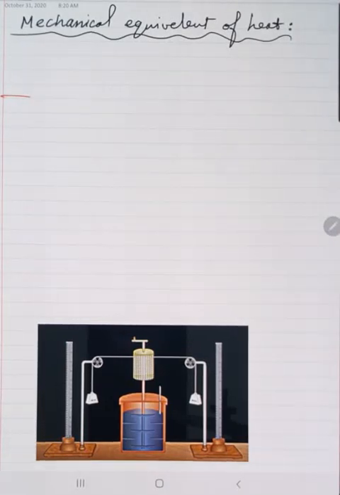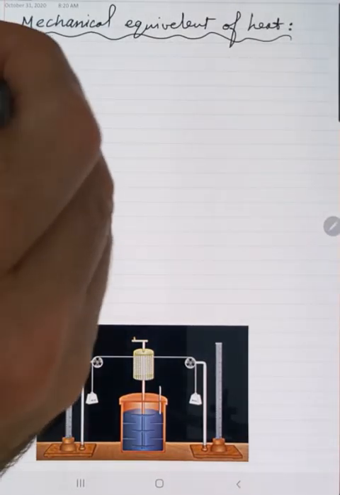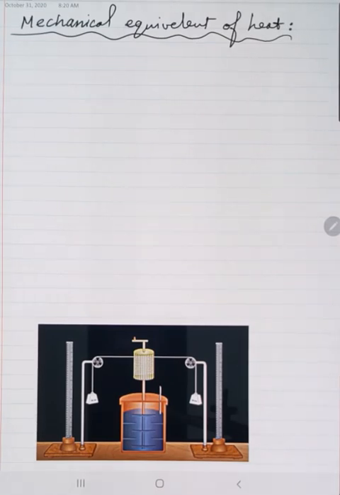Bismillah ar-Rahman ar-Rahim. So let's talk about the mechanical equivalent of heat energy in the theoretical part. When we measure the specific heat capacity of a solid, we use this equation.